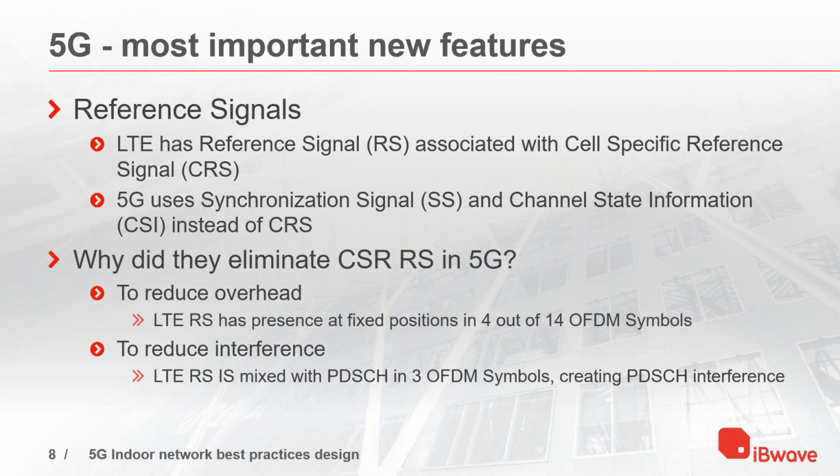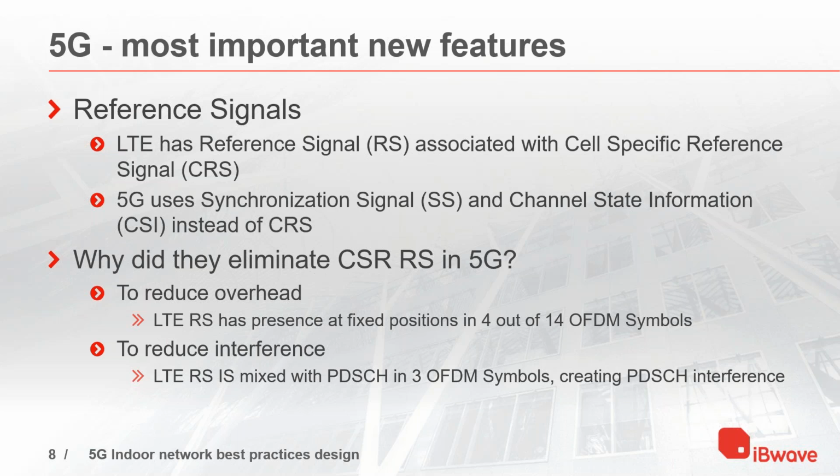Reference signals for LTE are mixed with PDSCH resource elements in 3 OFDM symbols. And thus, when you are trying to recover PDSCH from those 3 symbols, you have interference, because you basically have interleaved PDSCH resource elements with reference signal resource elements, and that creates some kind of interference between them.